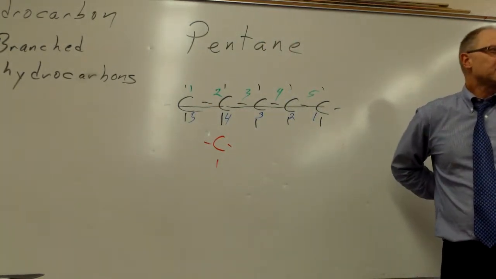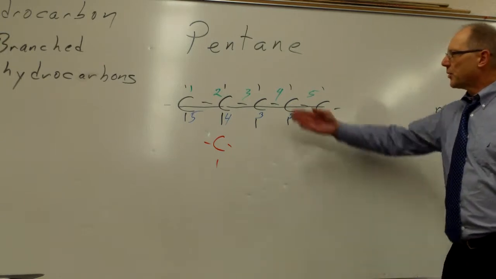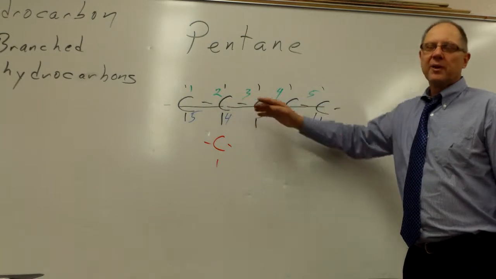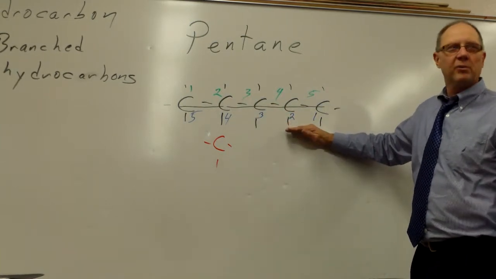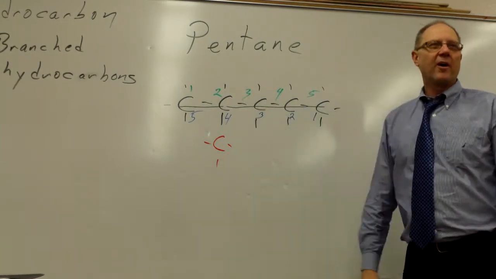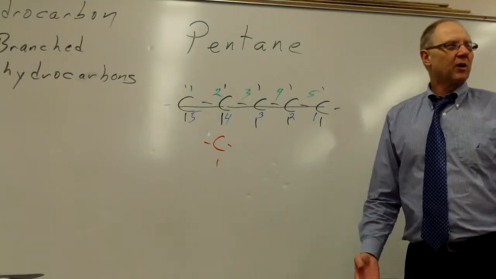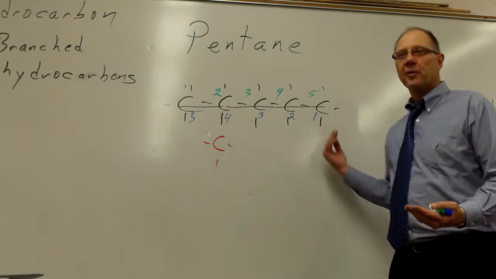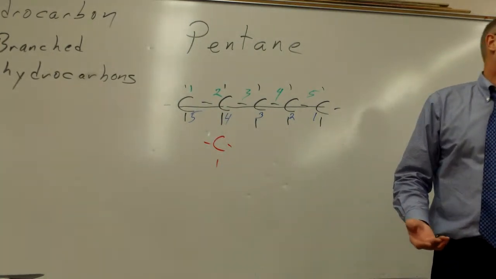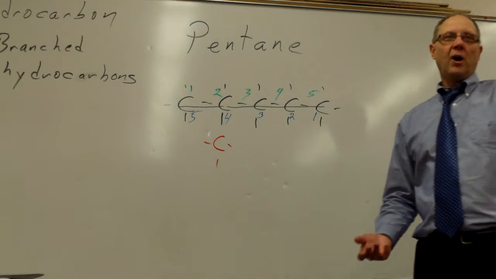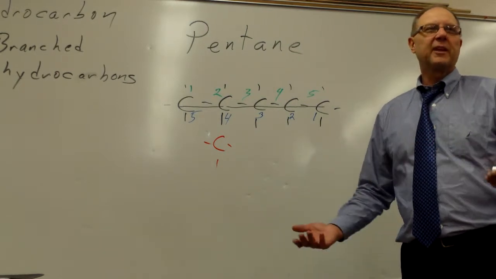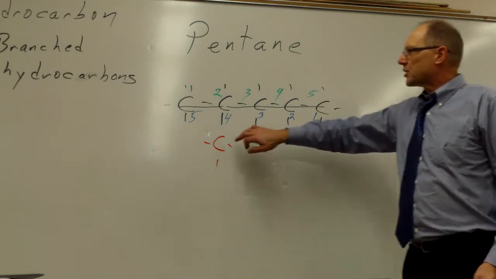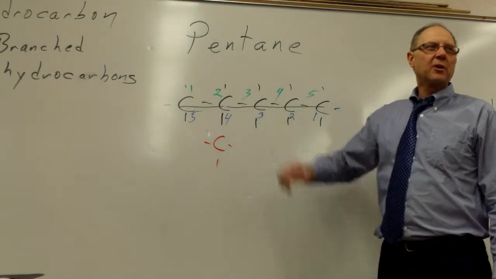And it makes a difference because if you number it the green way, this methyl group is on number 2, but if you number it the blue way, it's on number 4. And if we want everybody in the world naming these things the same way, then we have to agree. Are we going to number from left to right or right to left? And I guess they could have come up with a rule, you always number left to right, but they didn't. Instead they said, always number in such a way that the side chain is on the lowest numbered carbon.